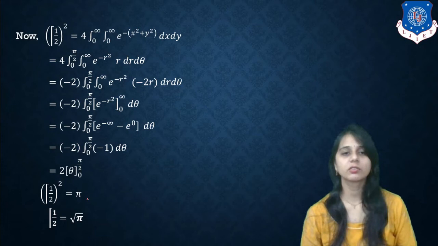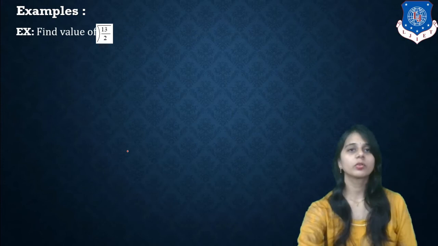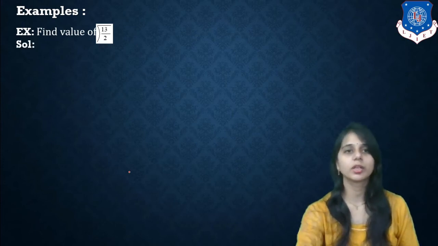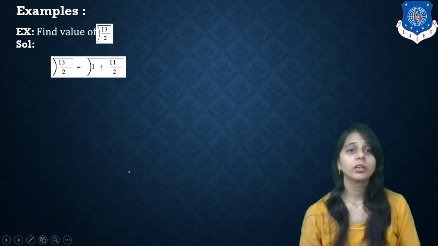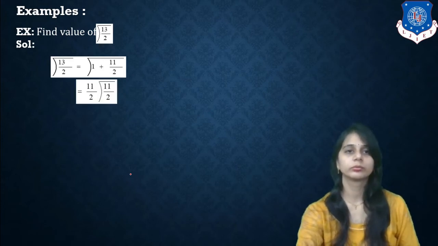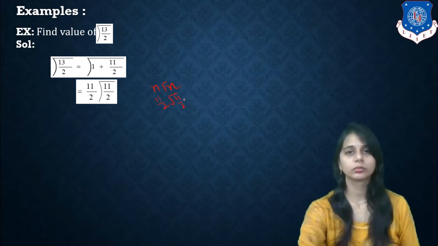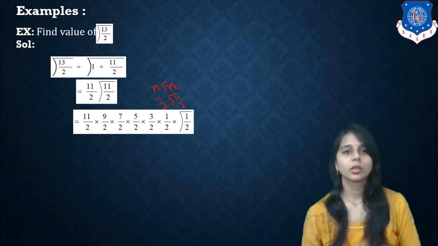But it is whole square equal to pi, so we say gamma 1 by 2 equal to under root pi. Now find the value of gamma 13 by 2. What is gamma 13 by 2? It is 11 by 2 times gamma 11 by 2, using the property gamma n plus 1 equal to n gamma n. Now continue with 9 by 2, 7 by 2, 5 by 2, 3 by 2, 1 by 2 using this property.